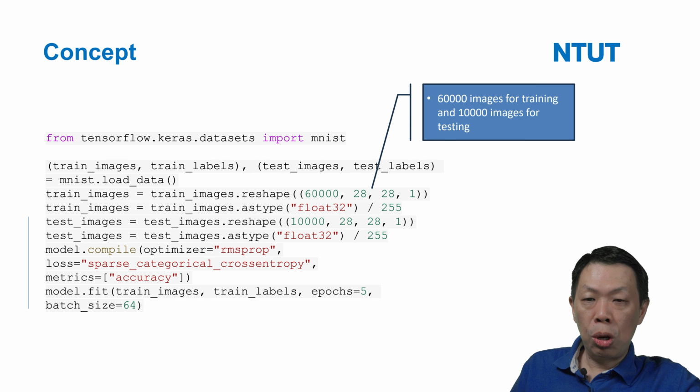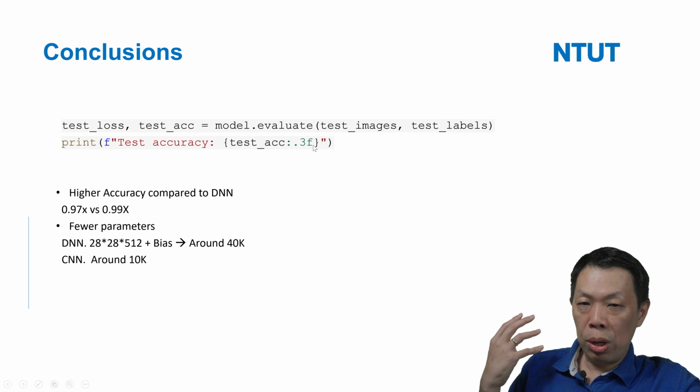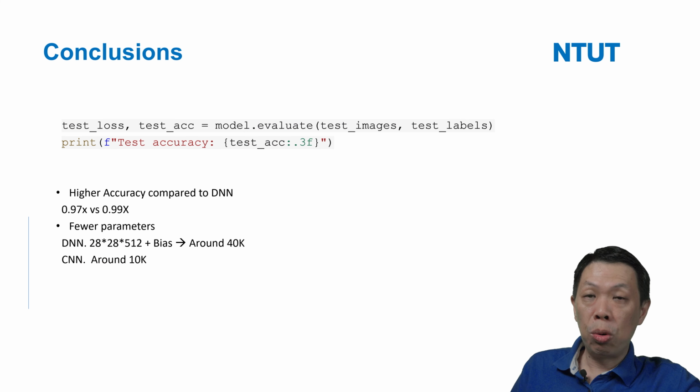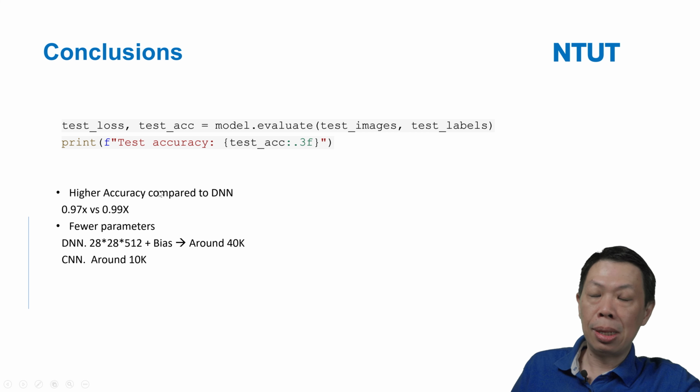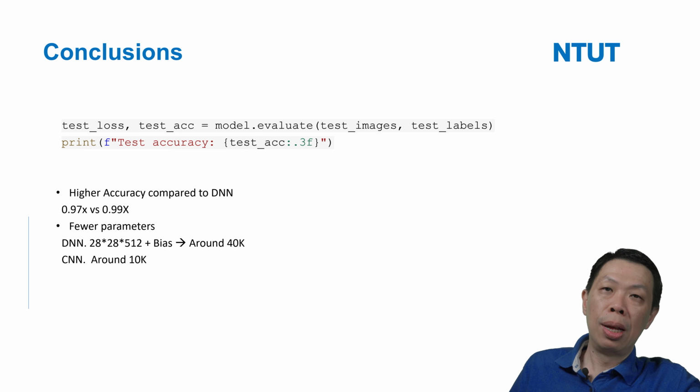So if we use a convolutional neural network, we might have a higher accuracy, but at the same time reduce the parameters.